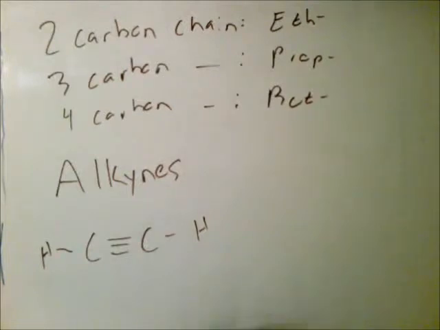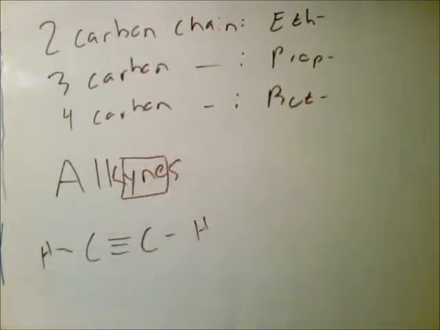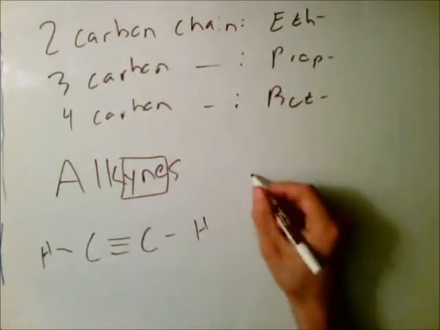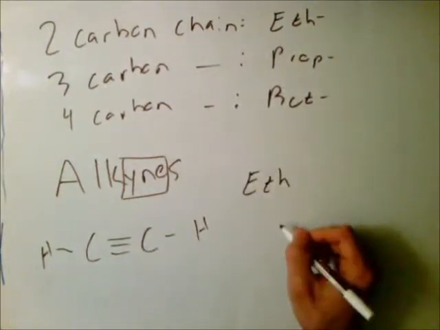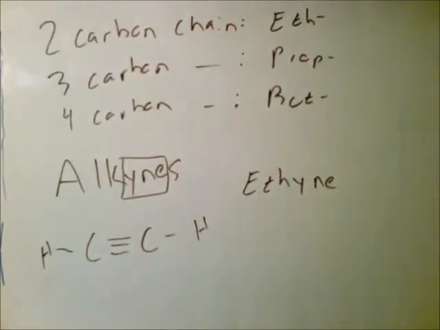And like alkanes and alkenes, the "-yne" portion serves as our suffix in this instance. So the parent name is eth because of the two carbons, and then the suffix would be "-yne". So this compound is just called ethyne.